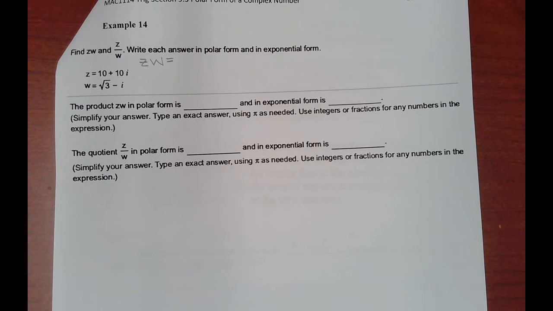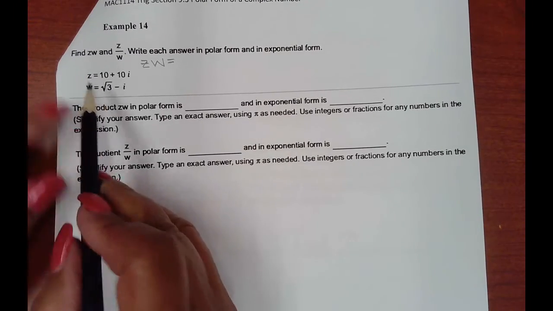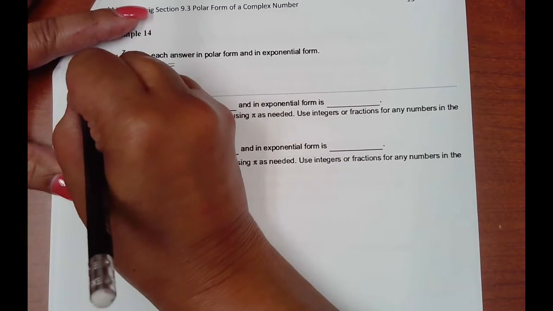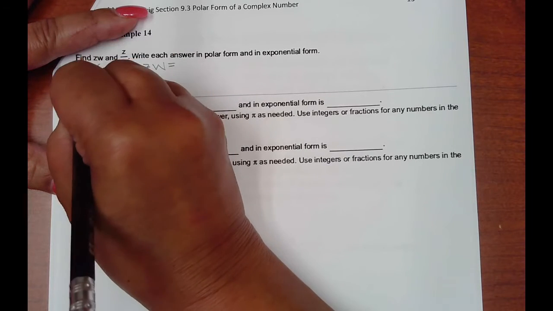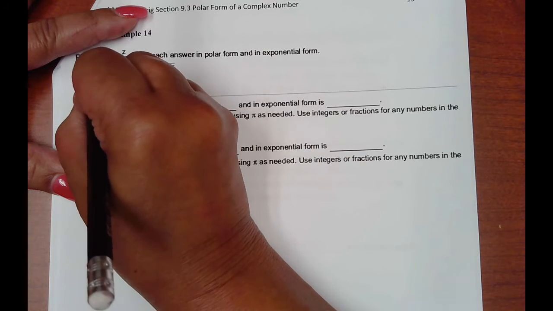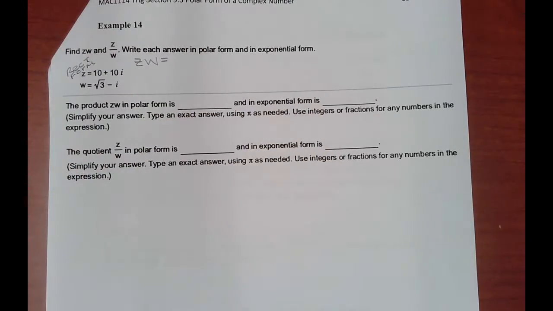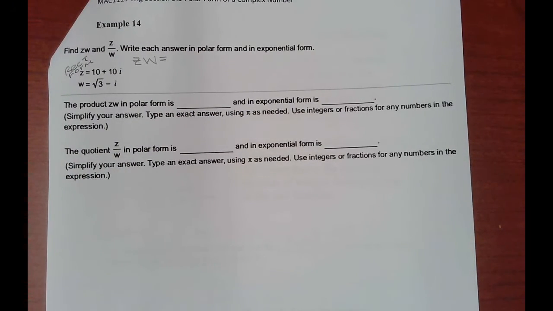Okay, so here's the problem with this. Notice that these formulas that they gave you, you need to have the numbers in polar form, but yet look what they're giving you. These are in rectangular form. And those formulas for getting these complex numbers multiplied out, they only work if you have numbers that are in polar form.